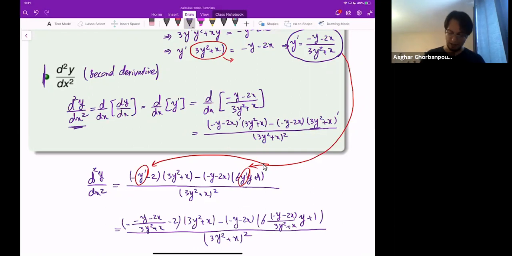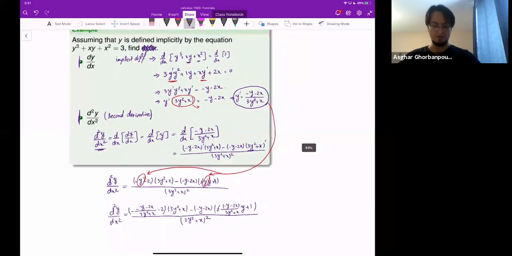This way, I found a formula for the second derivative of y with respect to x when y is defined implicitly in terms of an equation.